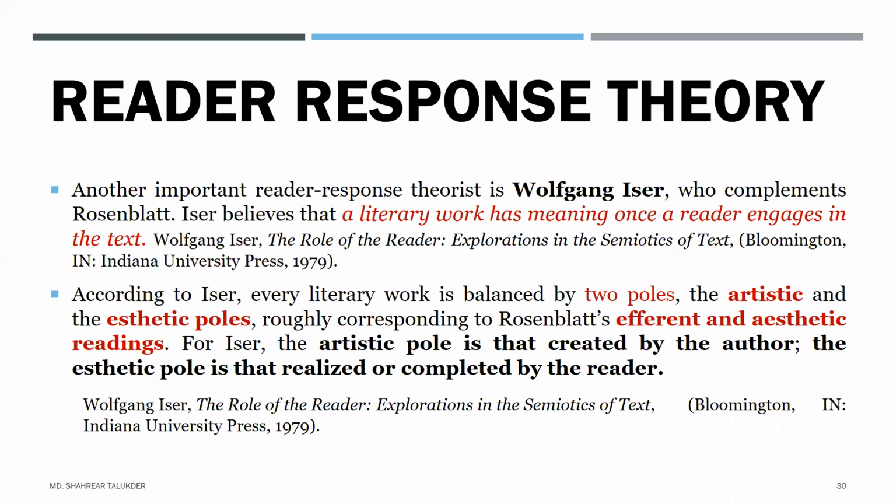So whenever you read a text, you have to maintain the balance between two poles, one is artistic and the other is aesthetic. Artistic is where you work with the style, and aesthetic is where you analytically, or you can say the beauty of the text that you are more concerned with. So artistic and aesthetic poles roughly correspond to Rosenblatt's efferent and aesthetic.